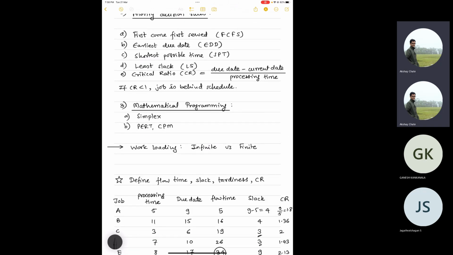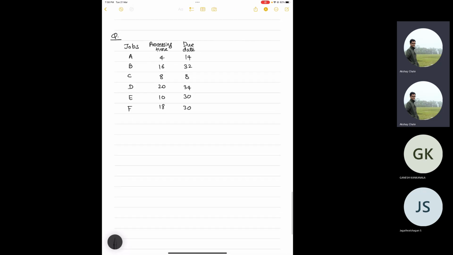Now the first question is, based on shortest possible time, SPT, first you need to decide the sequence of jobs based on SPT. This is the examiner's choice, or maybe your choice if you are actually producing it. But if you are preparing for GATE, this will be given in the question.